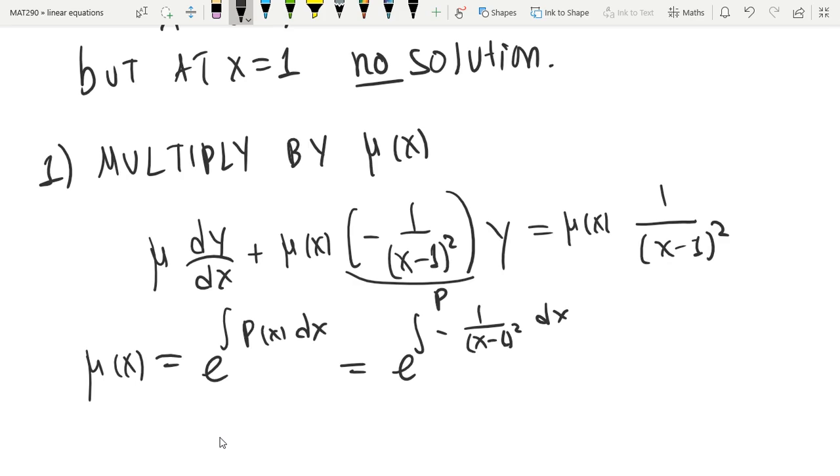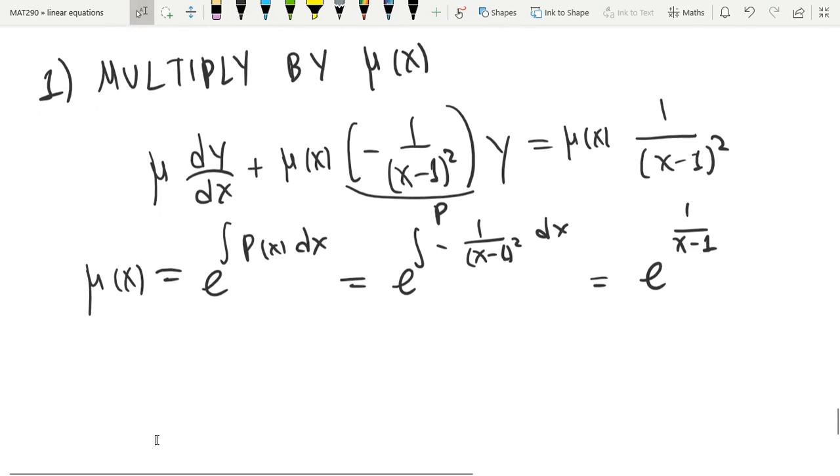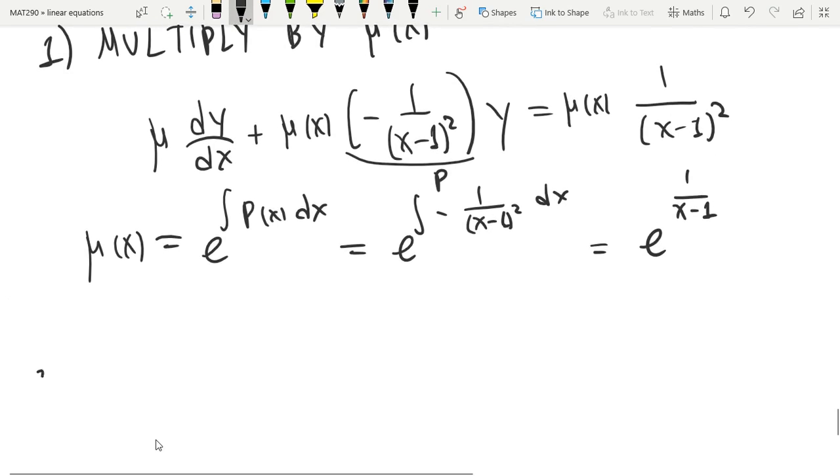And this is just the ratio. So you can quickly find this to be just x minus 1. Okay, this integral. Okay. So we found mu.